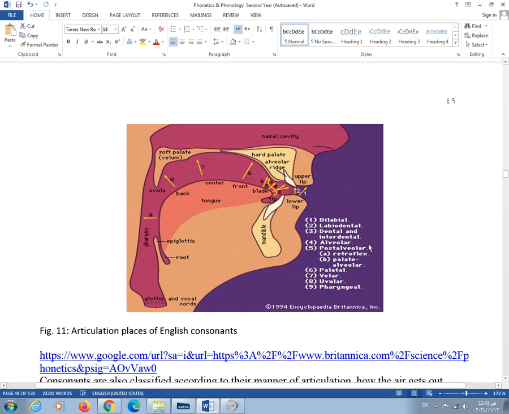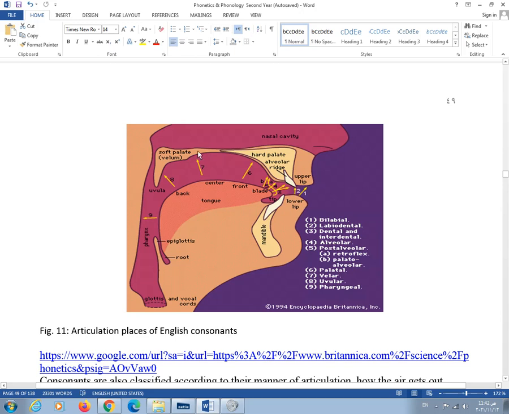retroflex and palatal alveolar, we have r, palatal as in number 6 where it is here. This is palatal because the tongue is raised to be close to the hard palate, which is the second part of the roof of the mouth. We have the alveolar ridge and then the hard palate and then the soft palate as we said earlier.